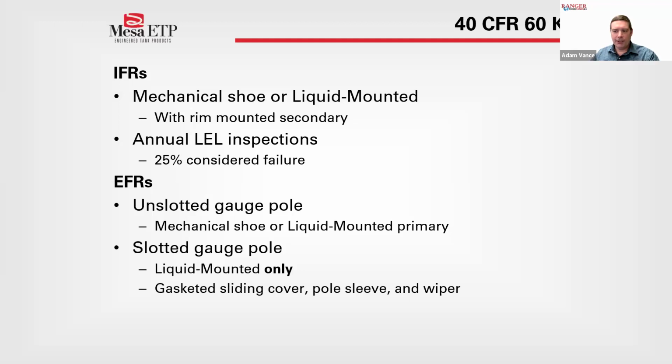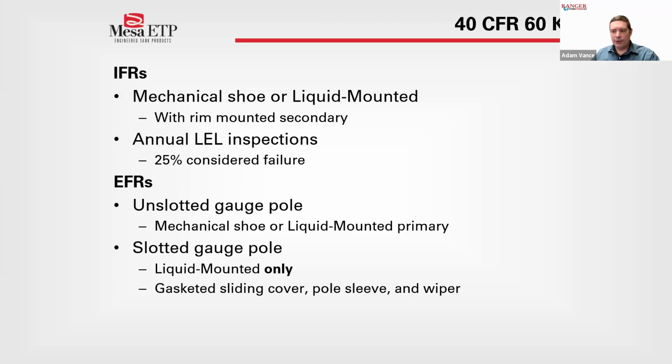Unslotted gauge poles do not allow liquid flow and can have the tendency to store liquid in the gauge pole that was first introduced on initial fill. That fluid has a hard time getting out of that gauge pole without the slots over time, and so the material and the fluid that you're sampling in that gauge pole may not be a good representative of the fluid that's currently stored in that tank.